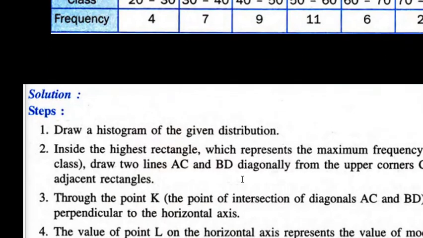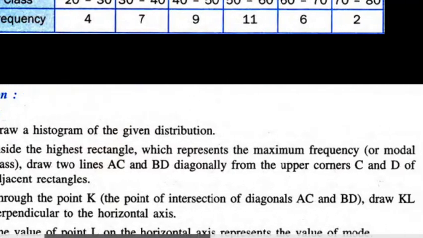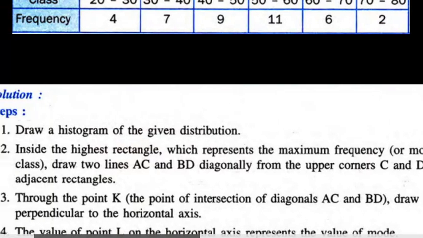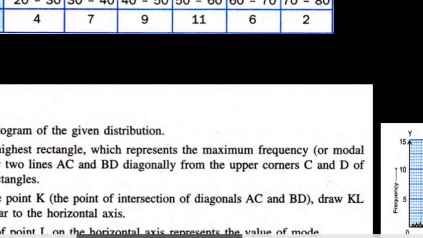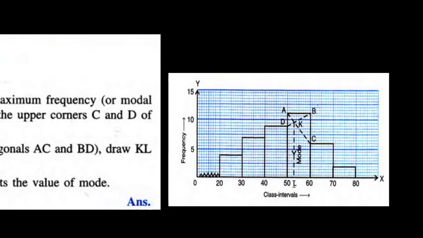Then inside the highest rectangle, which represents the maximum frequency, draw two lines AC and BD diagonally from the upper corners C and D of the adjacent rectangles. Now see, this is the highest rectangle, between 50 and 60. We have maximum frequency between 50 and 60.